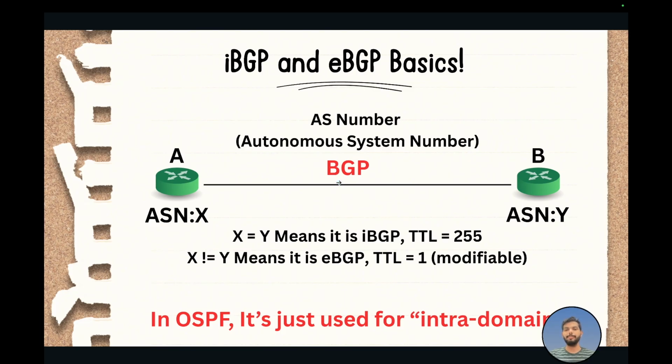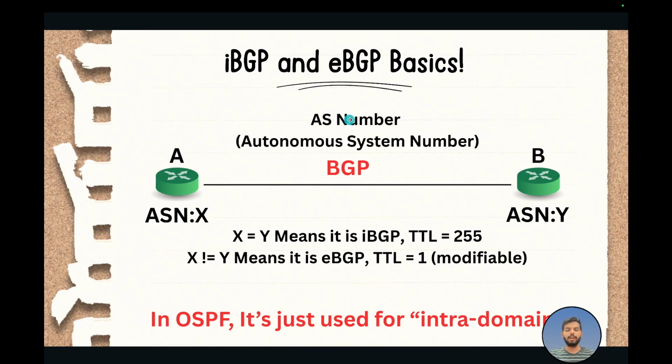But for eBGP, the BGP protocol assumes that the connected devices are just one hop away from each other. That's why whenever we form an eBGP neighborship, the TTL value of the routing update packet sent from either device will be 1. Although the configuration is modifiable, you can set the TTL value according to whatever need you might have.